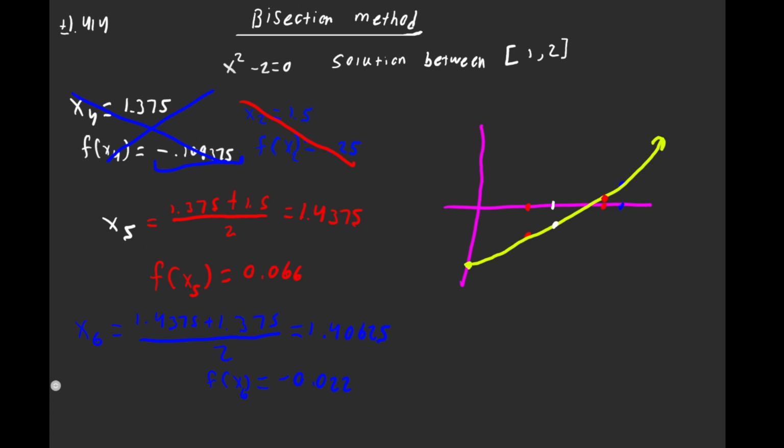And we will look at the next iteration using x sub 5 and x sub 6. So let's clear up some space now.